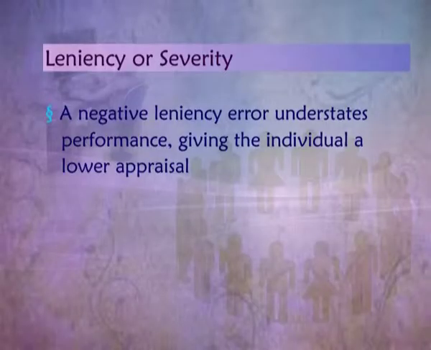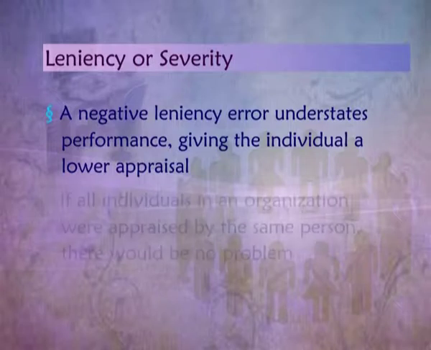When evaluators are positively lenient in their appraisal, an individual's performance becomes overstated. In doing so, the performance is rated higher than it actually should be. Similarly, a negative leniency error understates performance, giving the individual a lower appraisal.